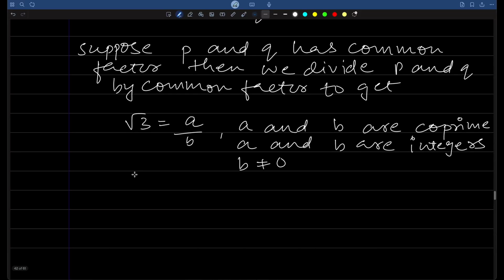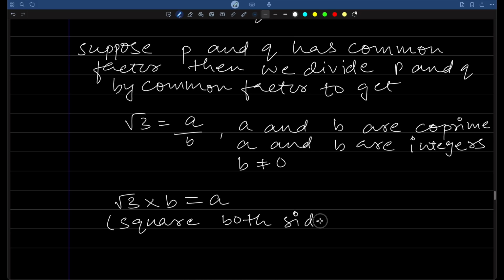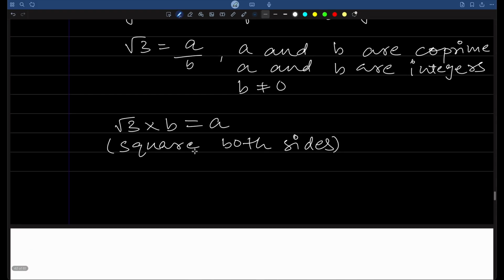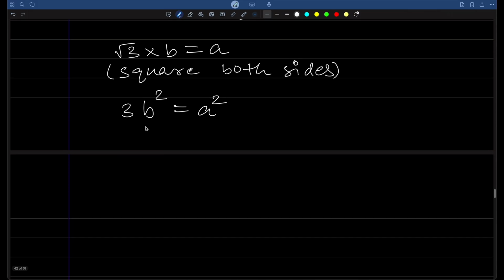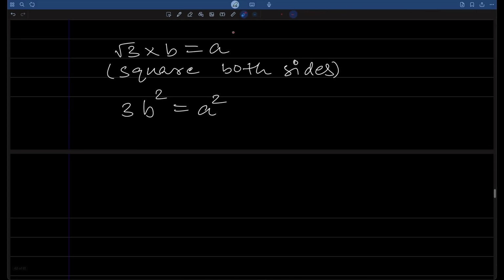Now what we will do is send B to the numerator and square both sides. Squaring both sides we will get 3b square equals a square. If we see here, 3 divides a square, so 3 is a factor of a square.